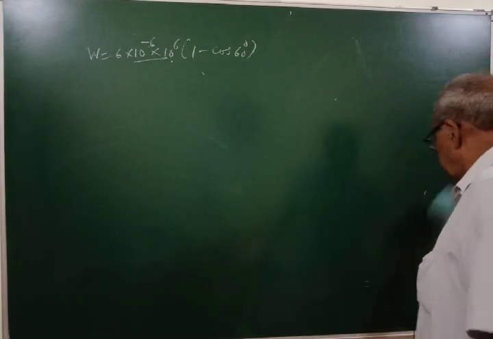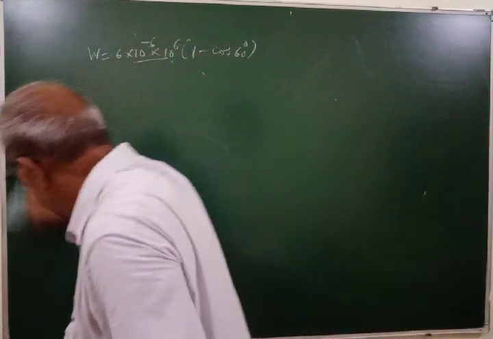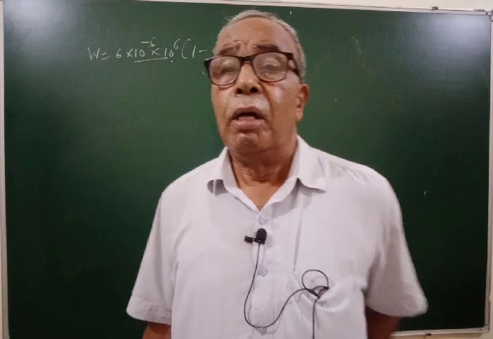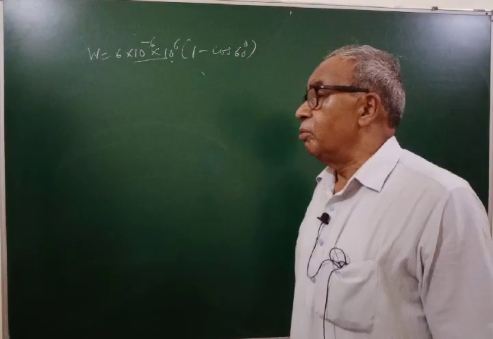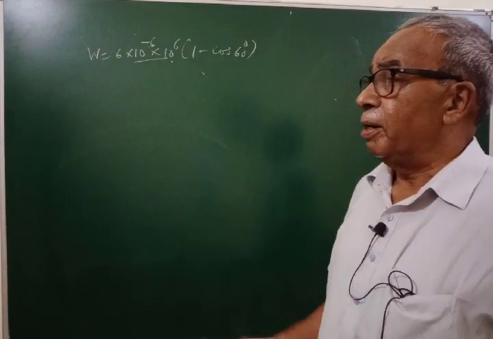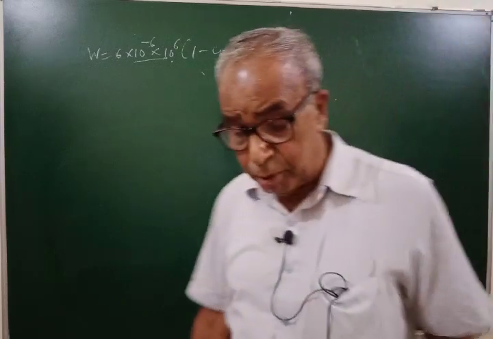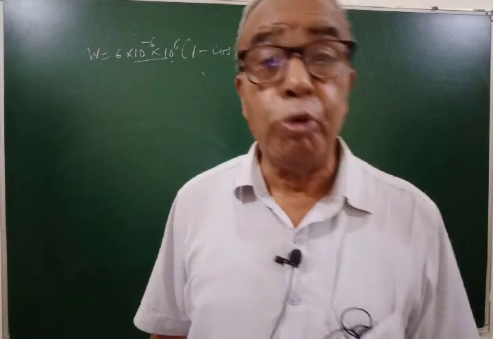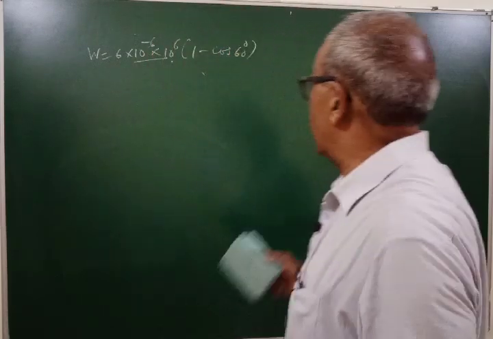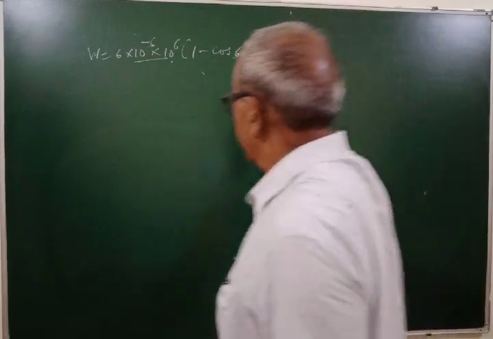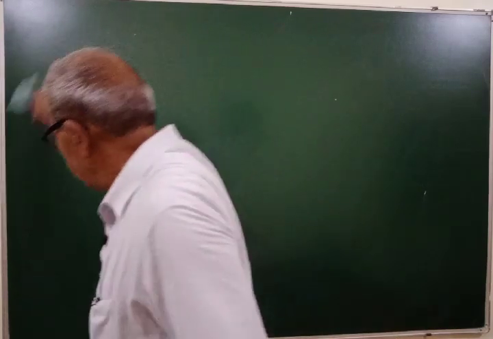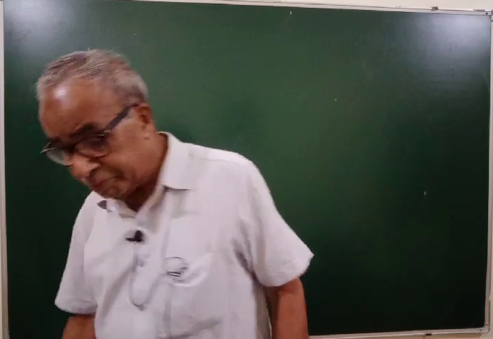When I ask students what a mole is, they say a collection of 6.023 into 10 to the power 23 atoms is 1 mole. Then I generally ask, bring me 1 mole of carbon. So they get confused. How do we bring 1 mole of carbon? Because atoms are not visible. You can't count atoms this way.